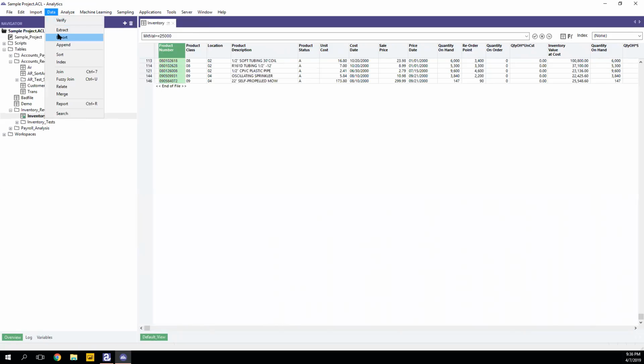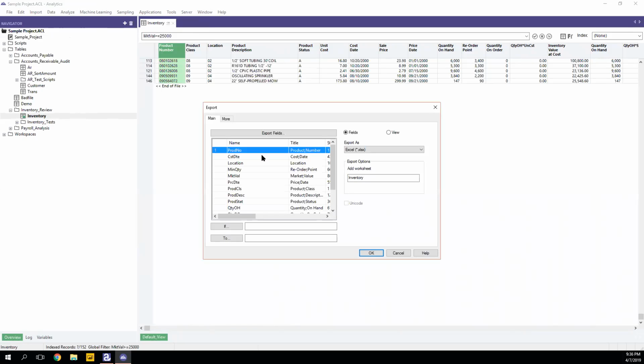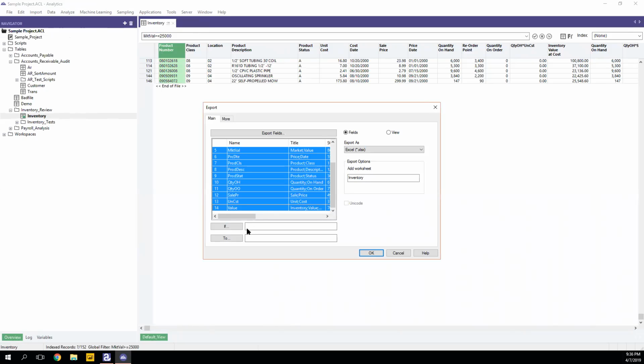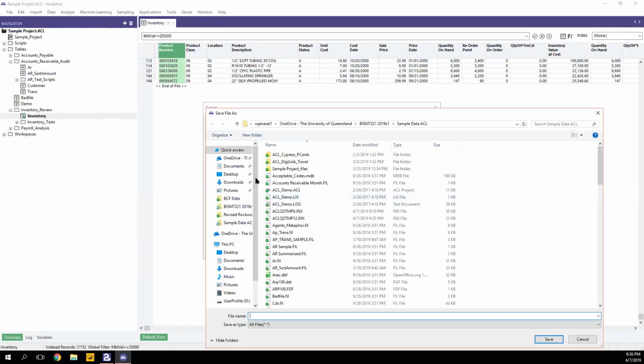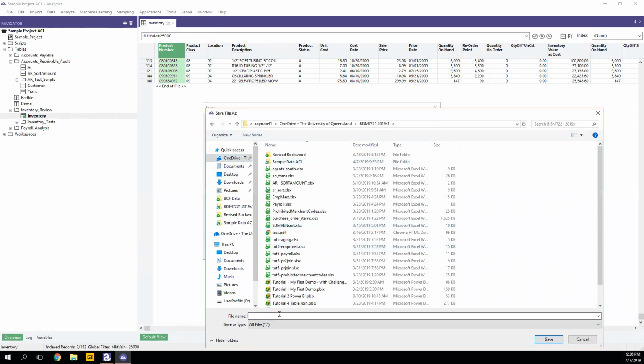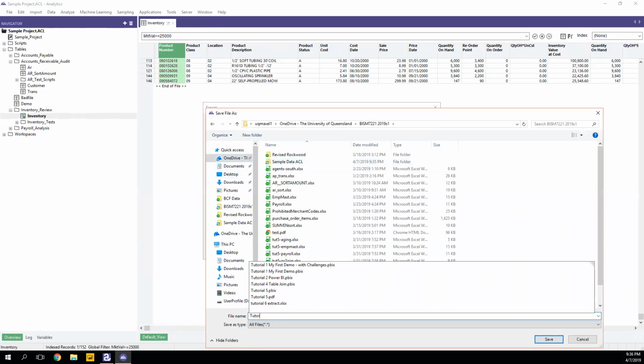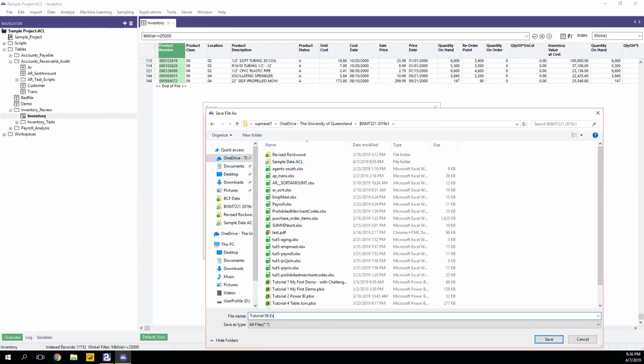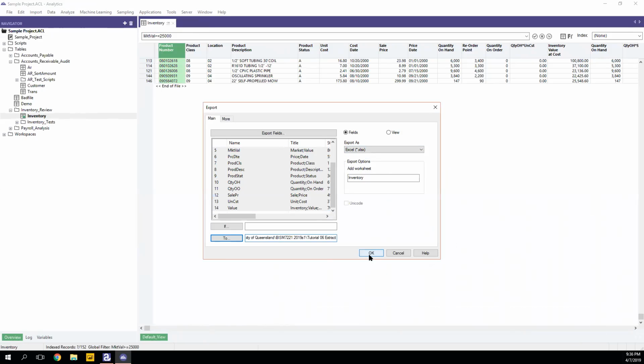Data, export. We've done this before. Here we go. Give it a file name. Tutorial 06. Click save. It's going out as an Excel file.